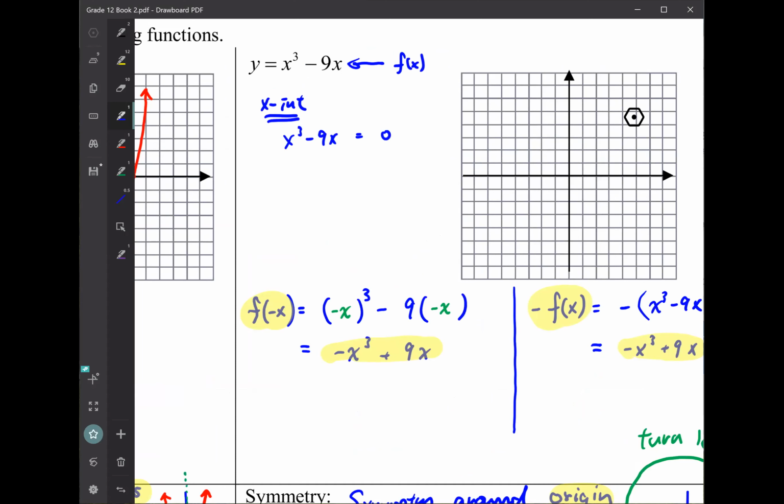Very good. So that's a GCF. So we take x out. What's left? Tiana, still you? It becomes x squared minus 9.